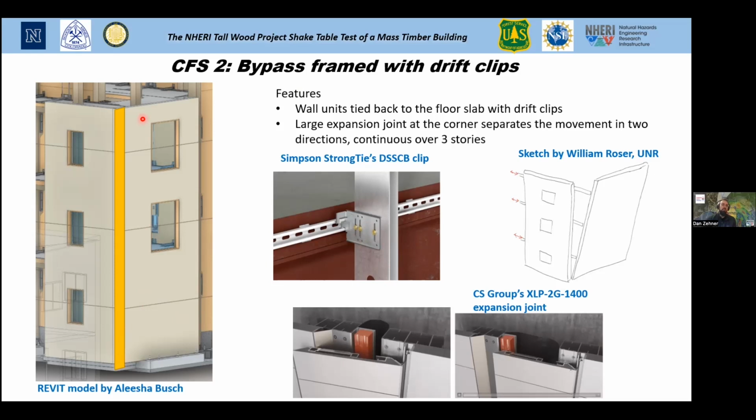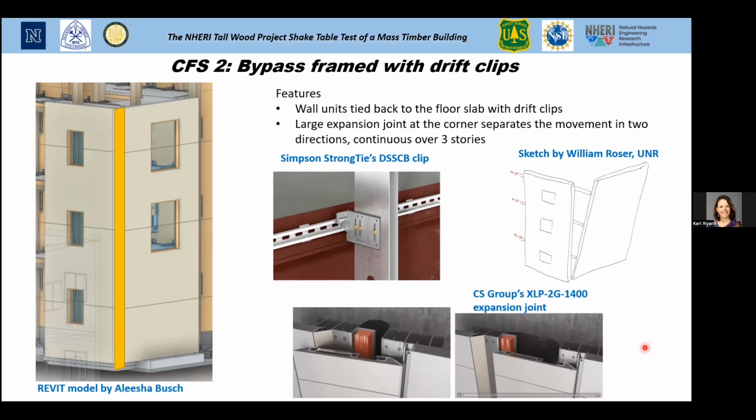And we went for the gold here, like how tall of a bypass unit could you get to be successful here? This sketch by my student William Roser illustrates what happens at the corner over this three-story unit. The drift, or the displacement incompatibility, gets larger on each story.